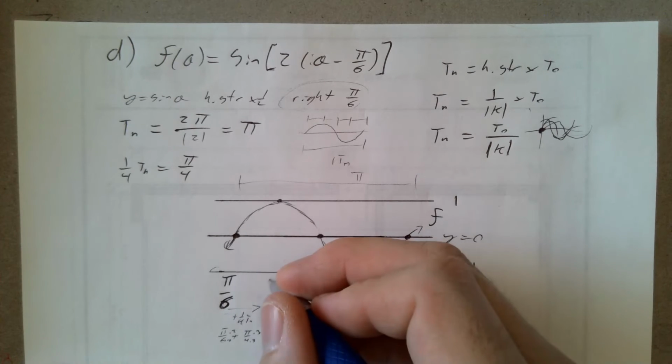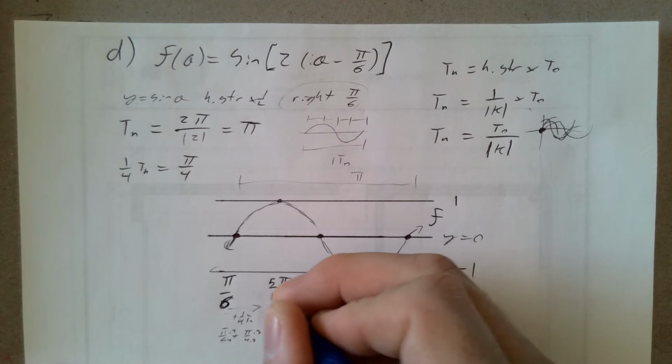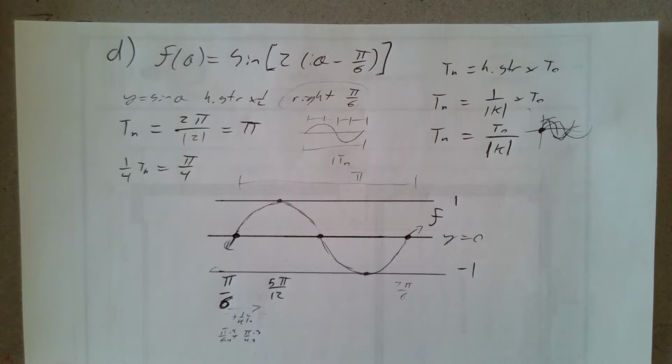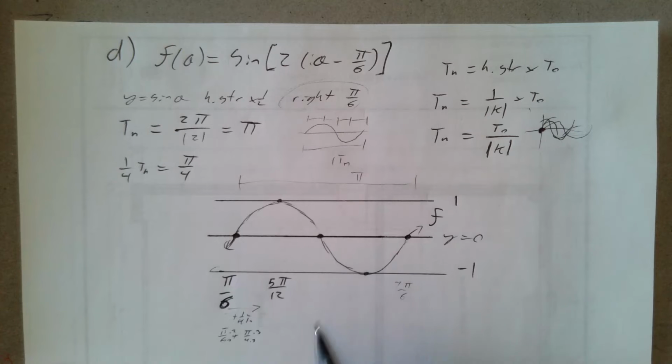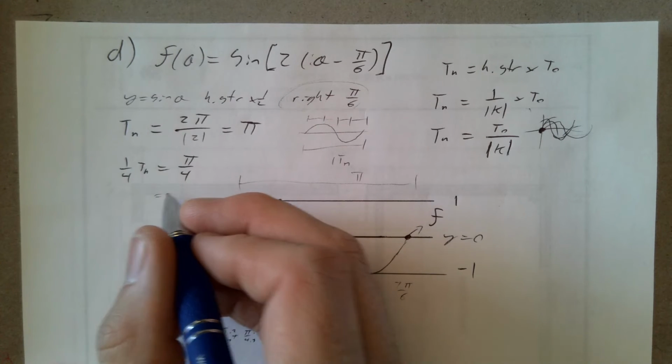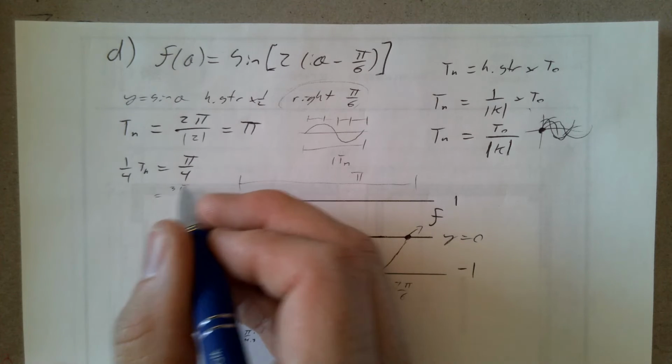That's going to happen at 5 pi by 12. Points labeled, or positions labeled. Now I add another pi by 4, or another 3 pi by 12. In fact, maybe since I'm seeing a common denominator between 6 and 4 here, I could just ghost this in as I'm adding 3 pi by 12s.